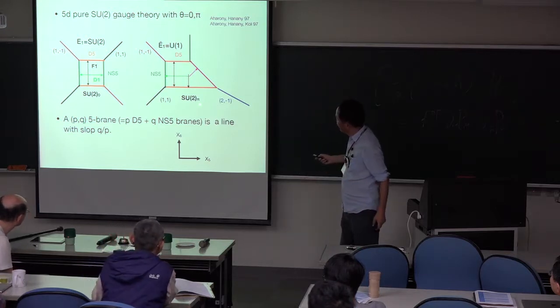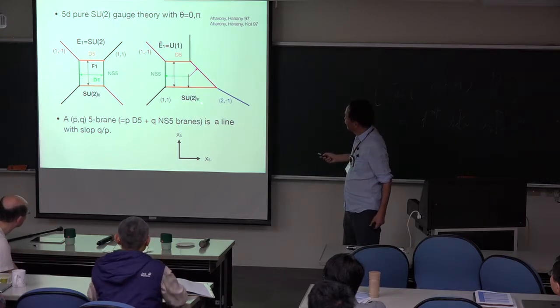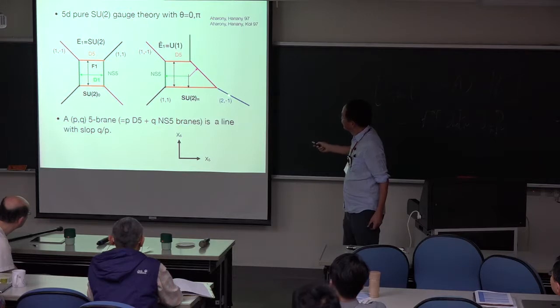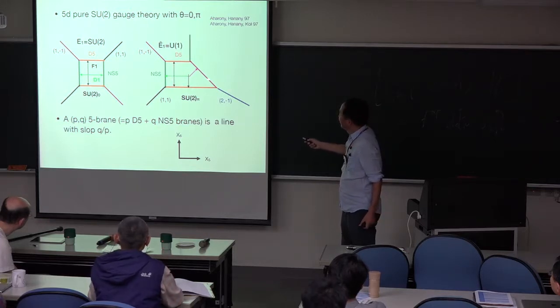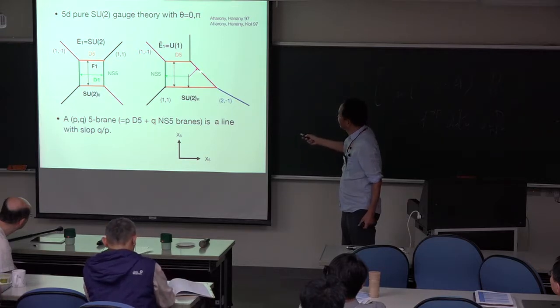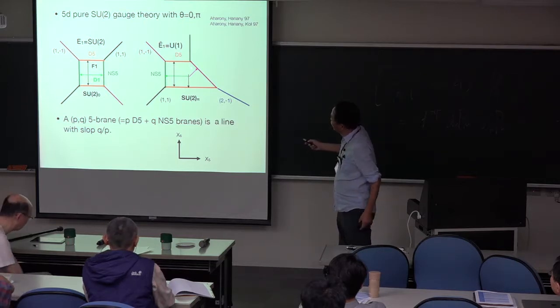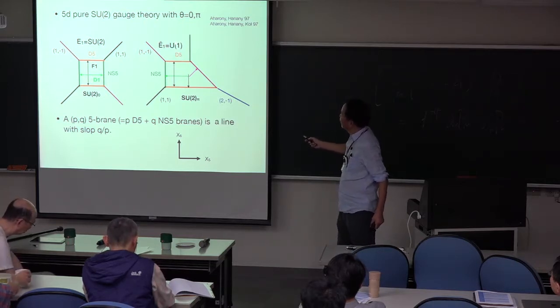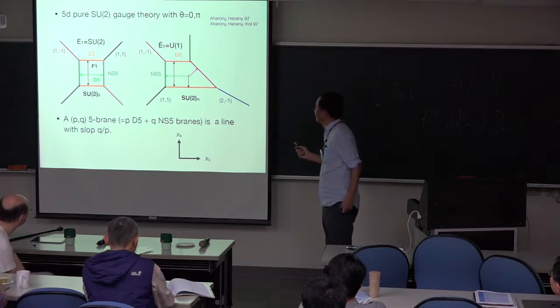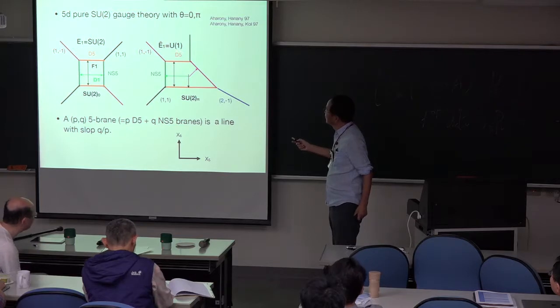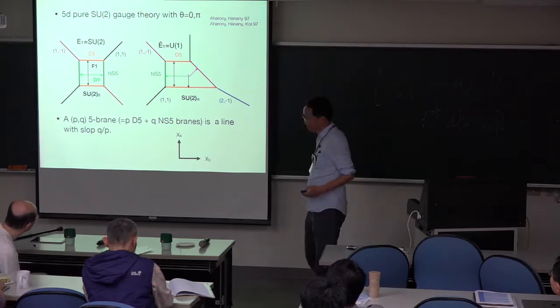On the other hand, when the theta term is pi, there is a W boson, but because of this tilting, you can have (p,q) string webs, but there is no instanton without electric charge. So there is no S transformation, which means that the U(1) instanton global symmetry is not enhanced to SU(2) global symmetry; it remains as U(1).